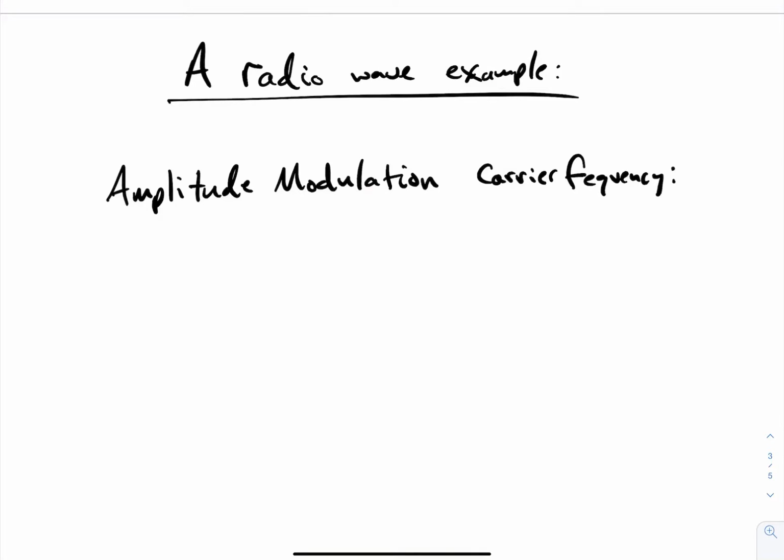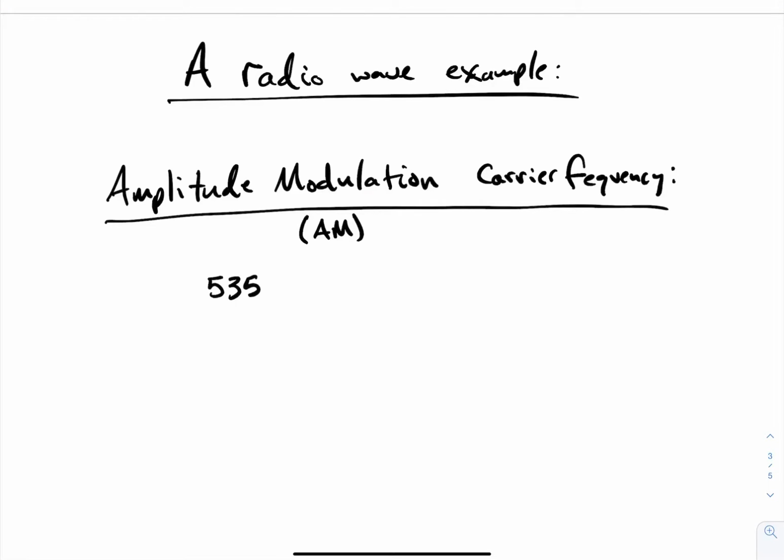And what that means is they'll adjust the amplitudes of the waves, and those adjustments will create the sounds you hear in your AM radio. And in general, those frequencies for an AM station go from about 535 to 1605 kilohertz.